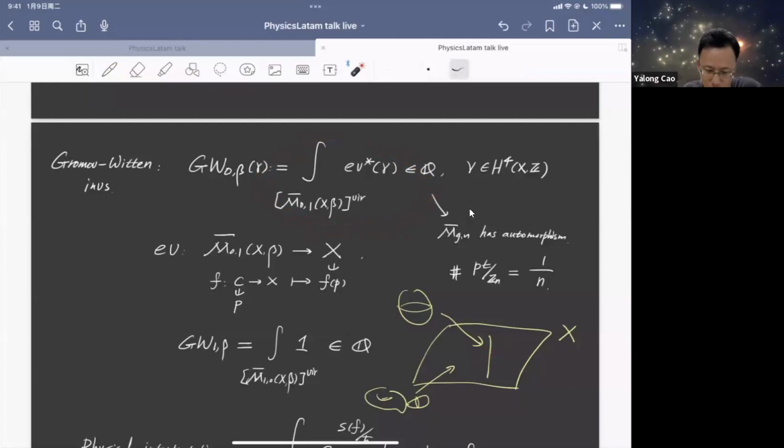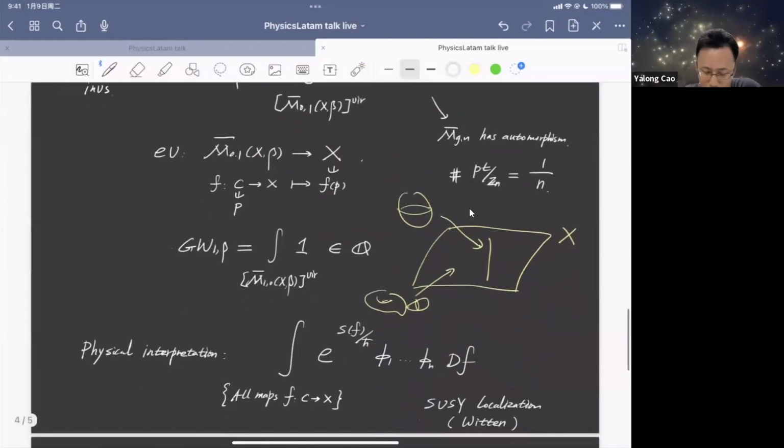But what you want is, anyway, it's counting, but you want to find an integer valued count, because that's the intuition from our daily life. If you want to count something, we should get integers.